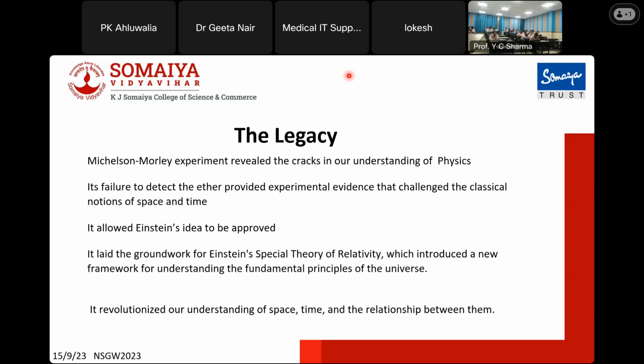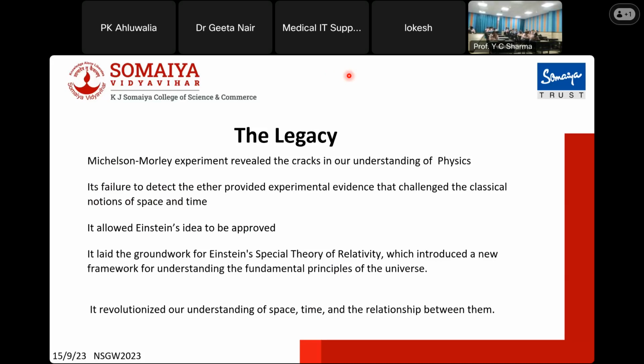It has revealed the cracks in our understanding of physics at that time. Because the Michelson-Morley experiment failed, people thought they had to think about new theories. Its failure to detect the ether provided experimental evidence that challenged the notions of space and time which were prevalent at that time. And that's the reason why Einstein's idea also got approved.